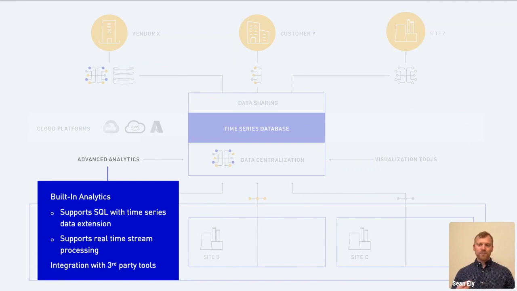TDengine also has real-time stream processing, which uses SQL with some time series extensions to analyze and transform the data. And for more advanced analytics, data is easy to ingest into Python or other programming languages, or use with one of the integrations with third-party tools.